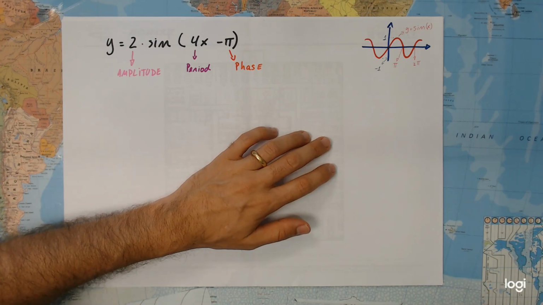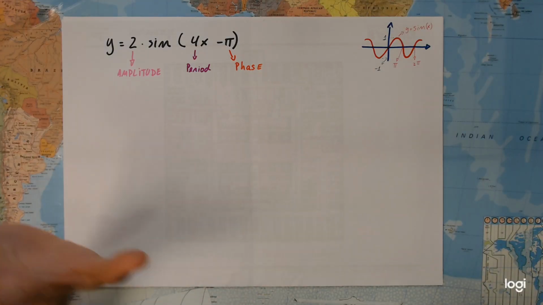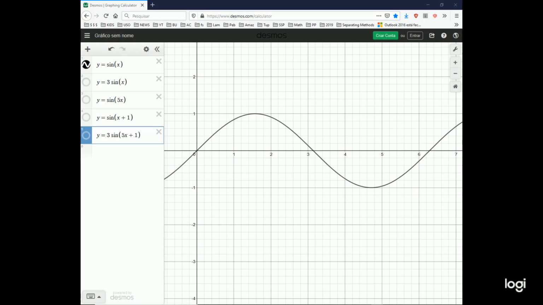Okay, and now just to illustrate a little bit, let's go to this chart in here. I'm just going to show you what happens when we change the parameters. So this is our basic function for the sine, okay?